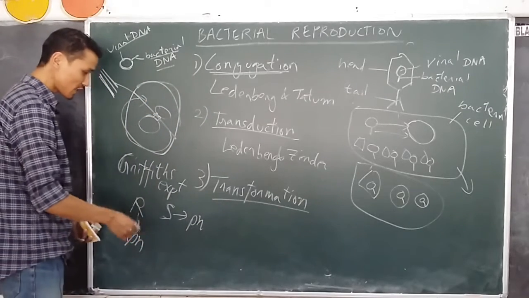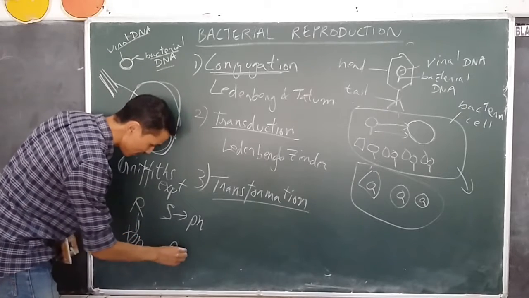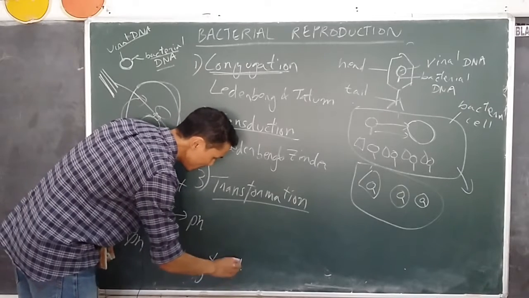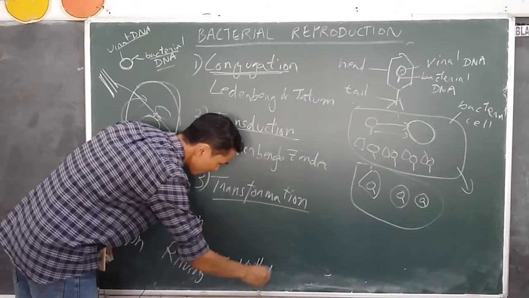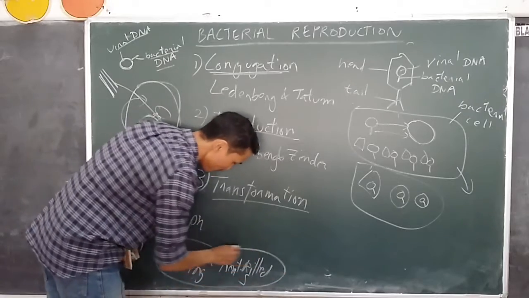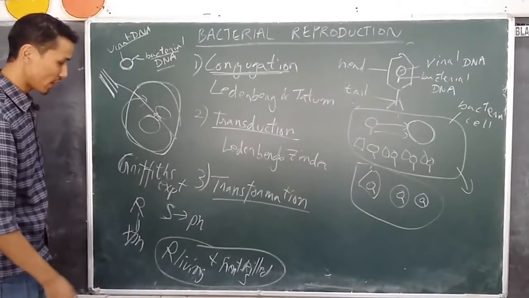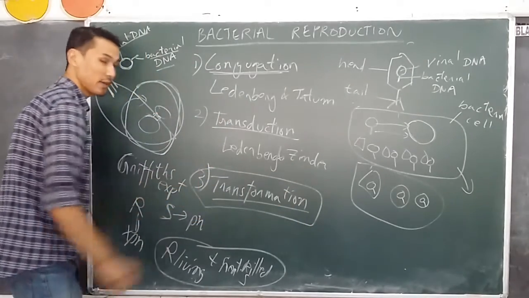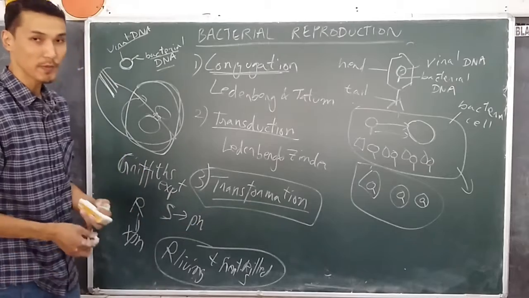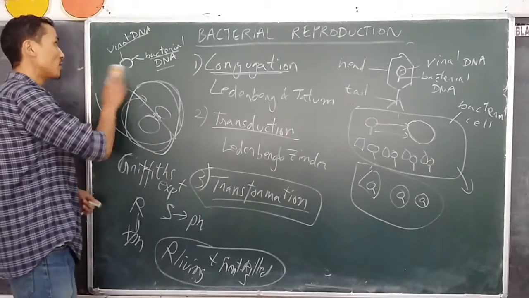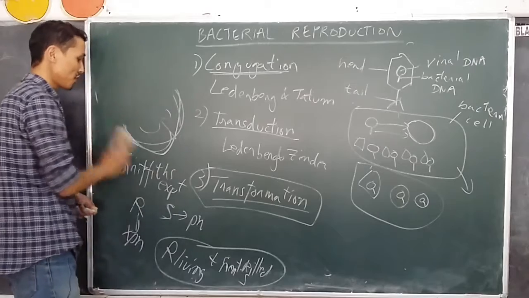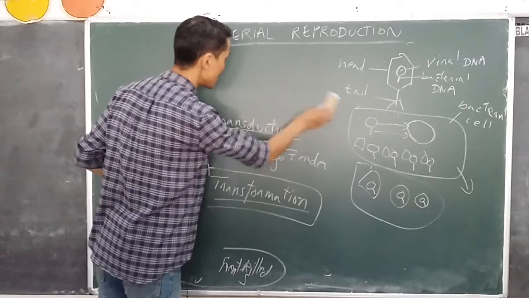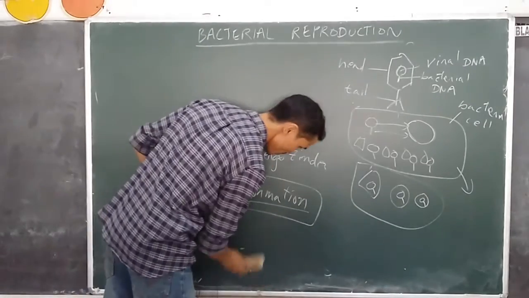Now what happens is, in the last part of the experiment you remember that living rough strain plus heat killed S strain were injected in the mice and the mice still got pneumonia. Now this can be explained with the help of transformation. And again this was further concluded by Avery, McCarty and MacLeod. So these are the mechanisms of gene transfer achieved by reproduction in bacteria. There are three processes: conjugation, transduction and transformation.